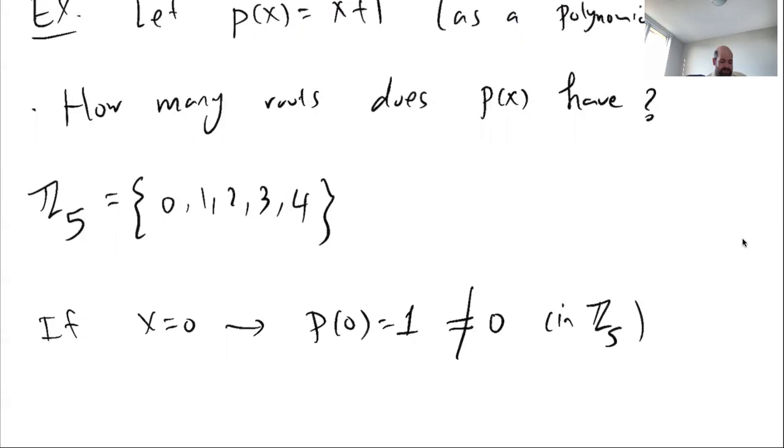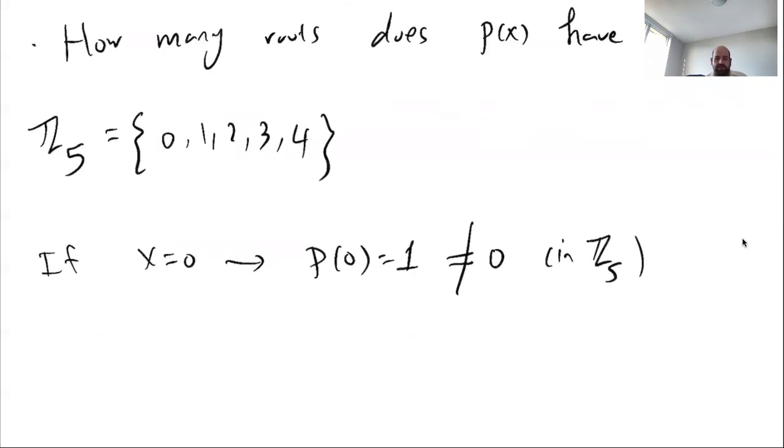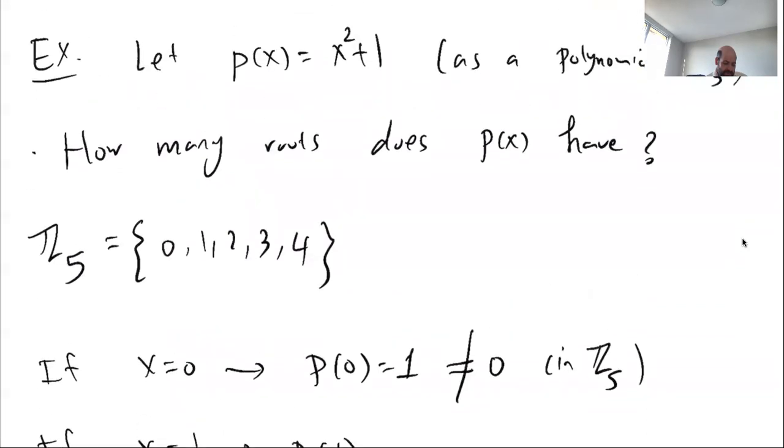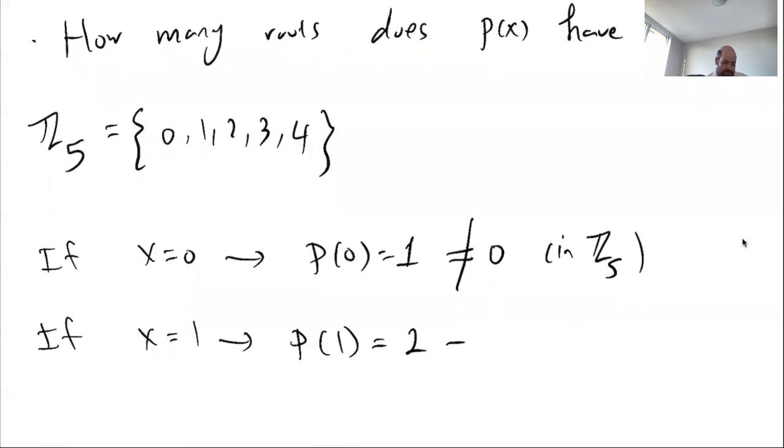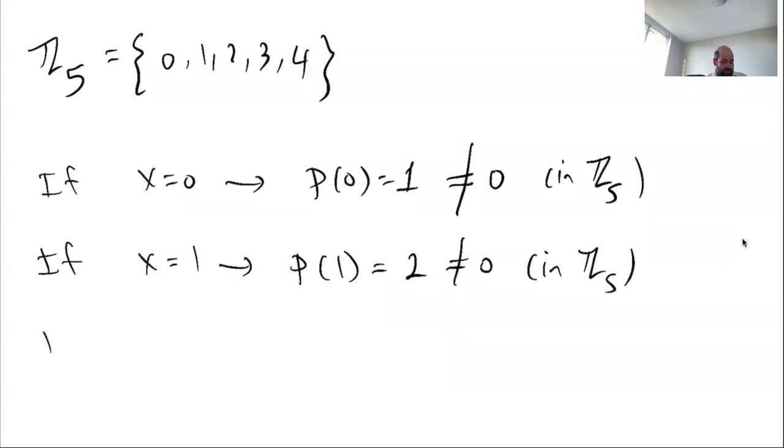So these two are not equal, therefore 0 is not a root. Now let's check the next number. If x equals 1, p of 1 is 1 squared plus 1, which is 2. 2 is also not equal to 0 in Z5 because 2 is not congruent 0 mod 5.